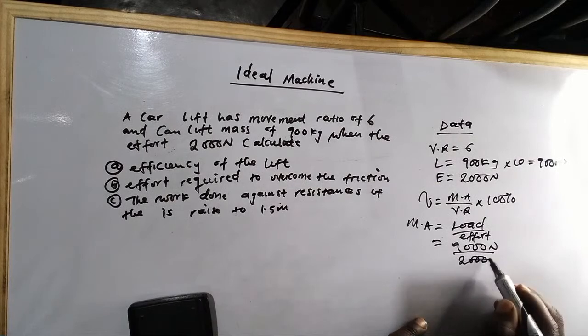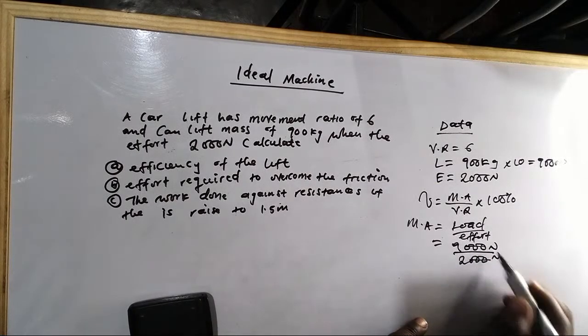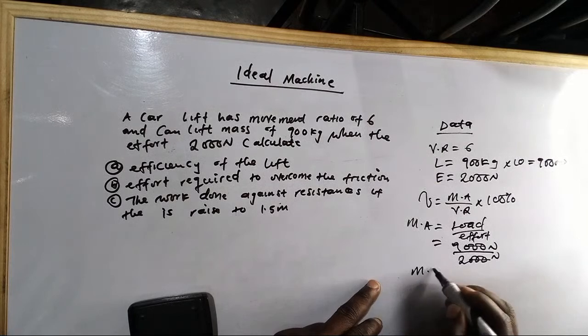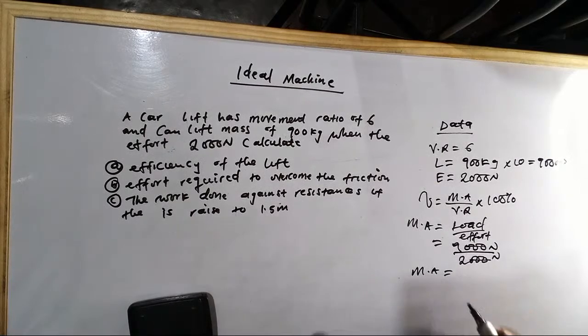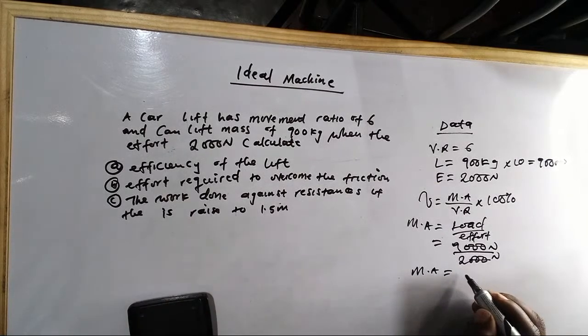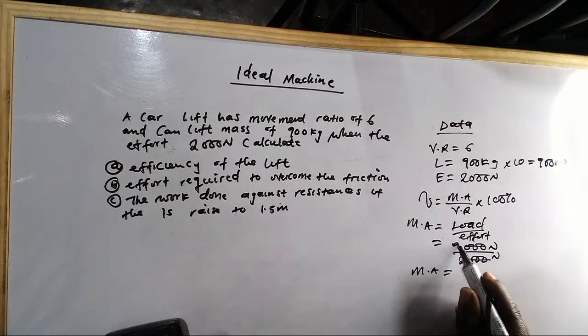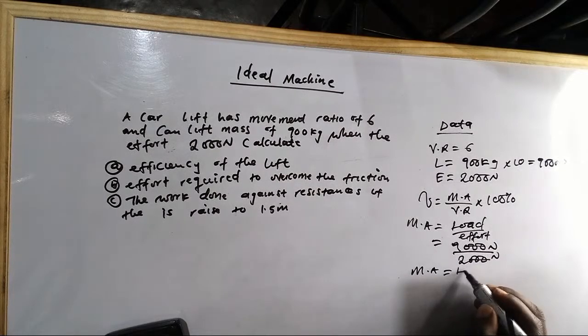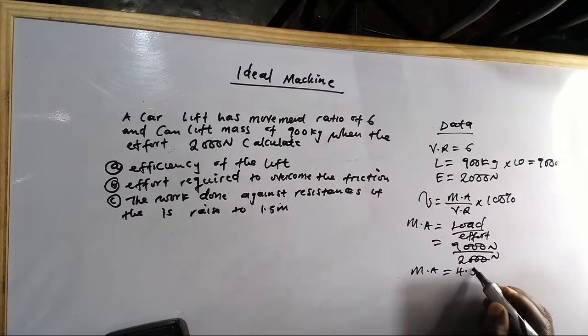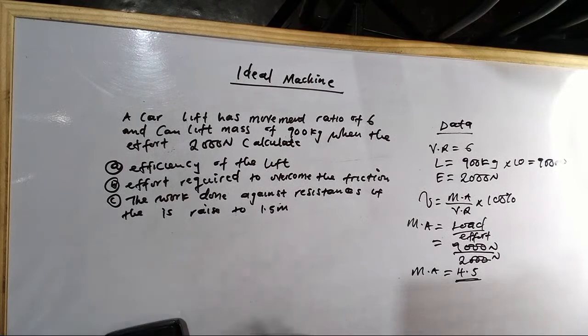Then when you cancel these three zeros, mechanical advantage has no unit. So we have found that mechanical advantage is equal to 9 over 2, which is 4.5. This is our mechanical advantage.